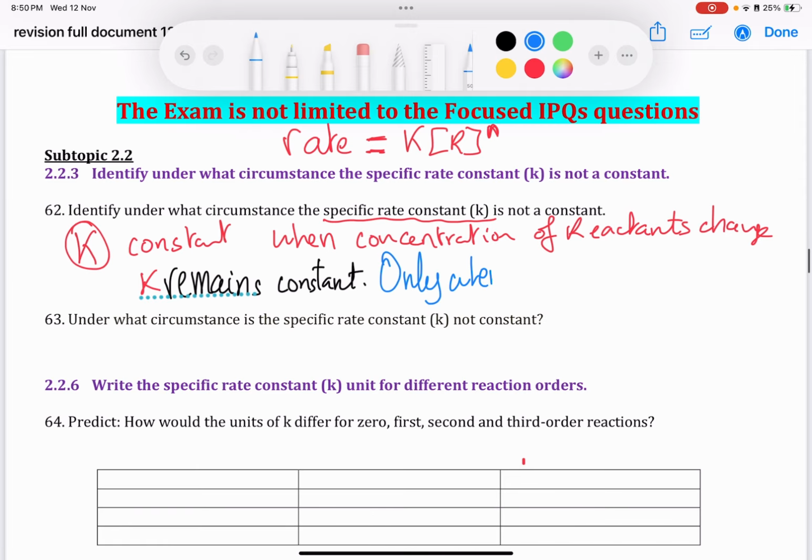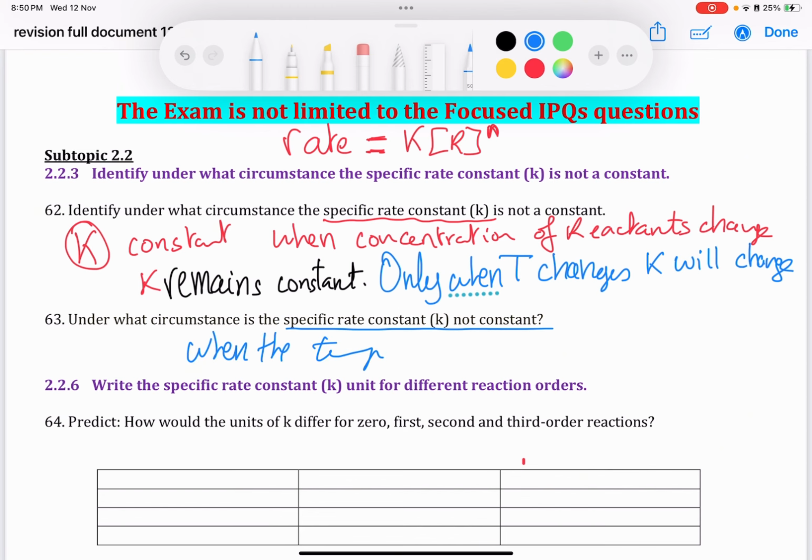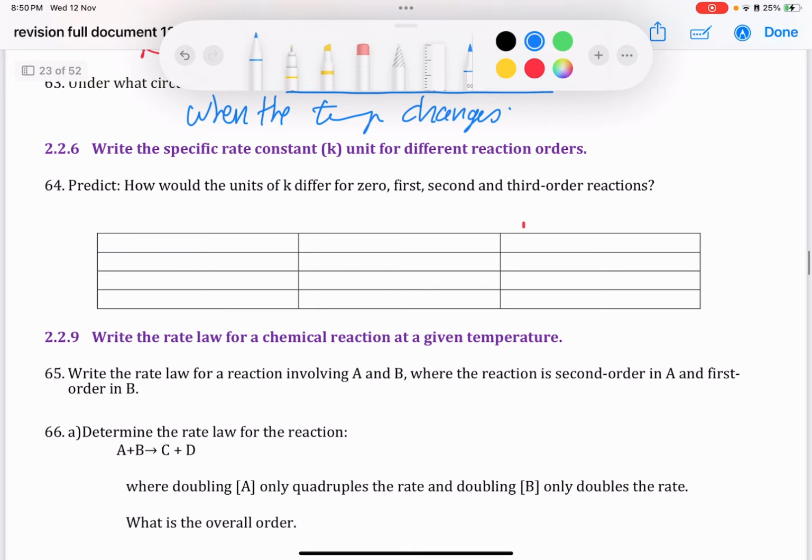Only when temperature changes will K change. So under what circumstances is the specific rate constant K not constant? When the temperature changes and not the concentration of reactants.